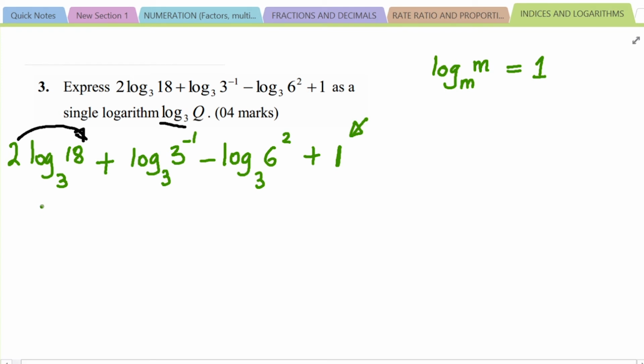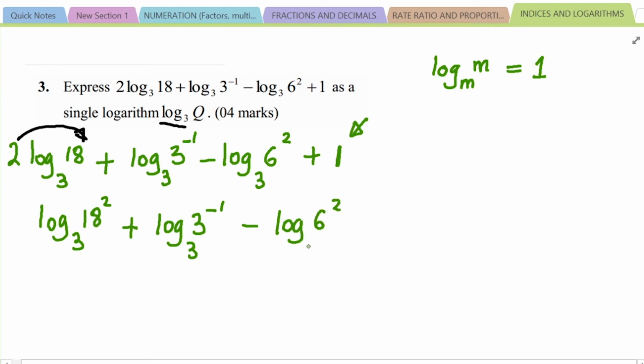So this is going to become log of 18 squared base 3, plus log of 3 to the power negative 1 base 3, minus log of 6 squared base 3, plus, since we are dealing with log base 3, log of 3 base 3. We've converted the 1 into log of 3 base 3.